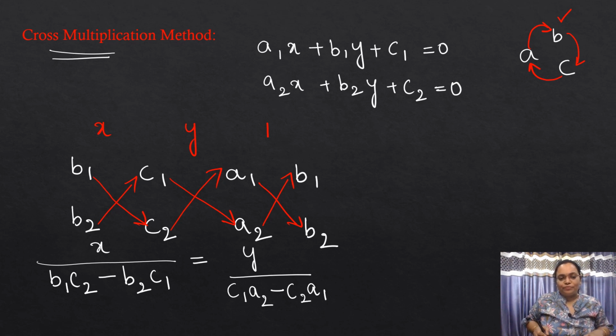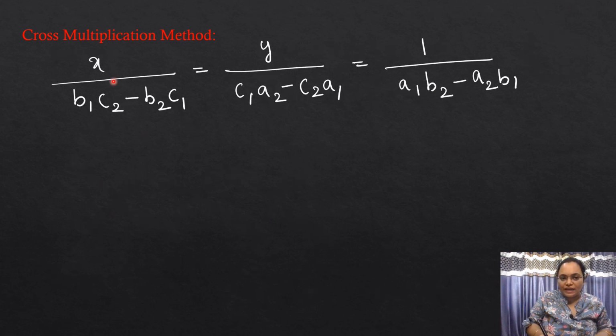The next for the constant is equal to 1 by A1 B2 minus A2 B1.